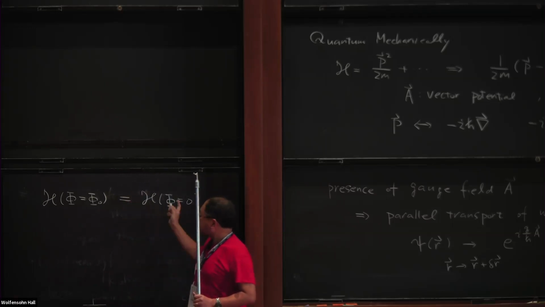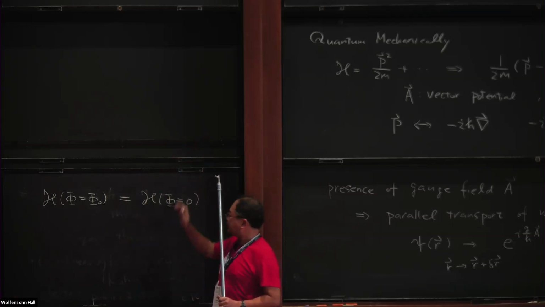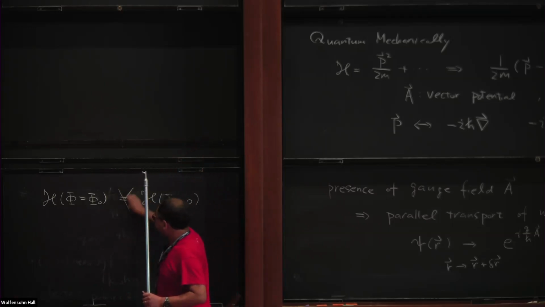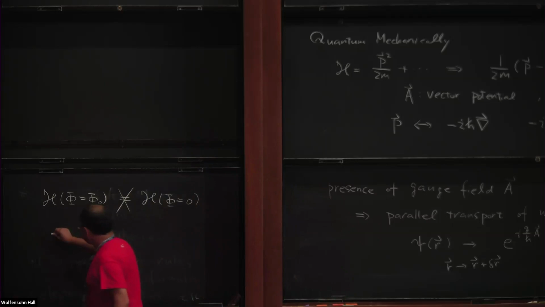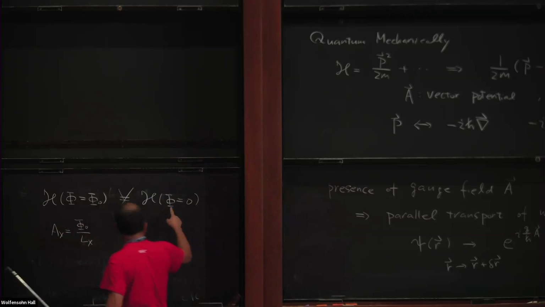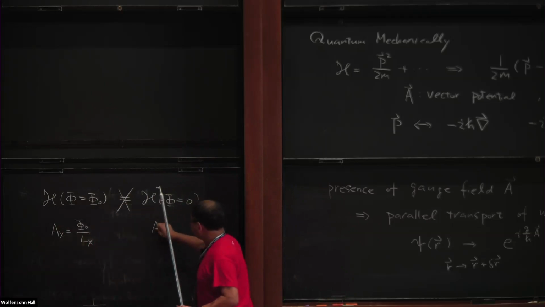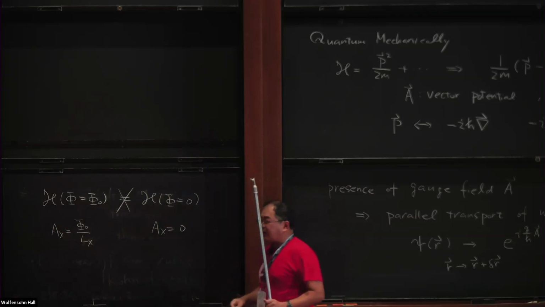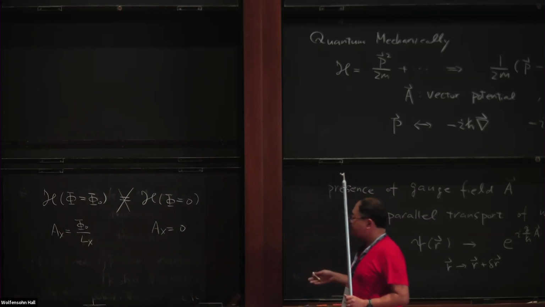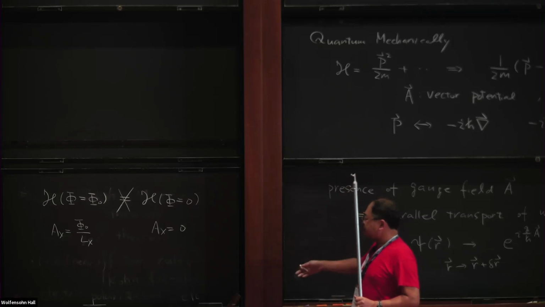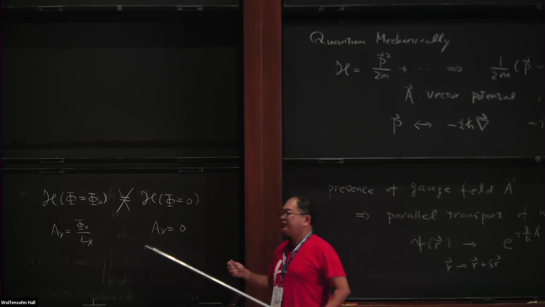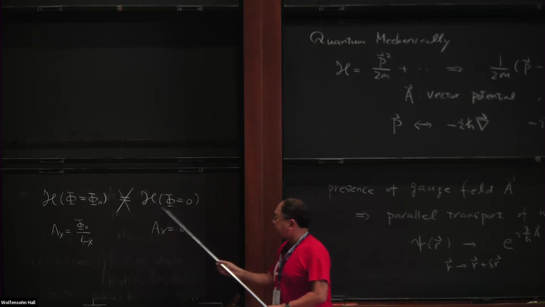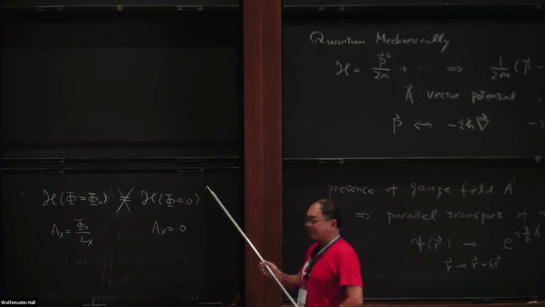If the Hamiltonians are the same, then the spectrum must be the same. But actually, this obviously does not hold because this has a non-zero vector potential, but this has zero vector potential. And whether you consider a continuum system or a system on a lattice, non-zero vector potential and zero vector potential give you different Hamiltonians. So this identity doesn't hold, but still the spectrum must be identical.